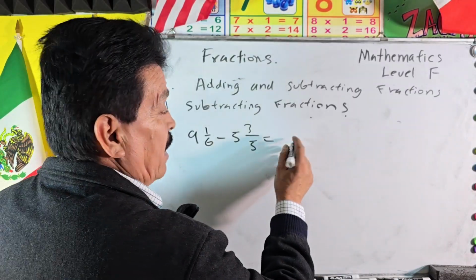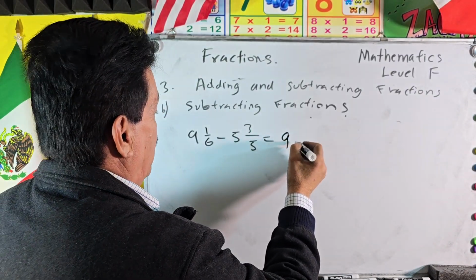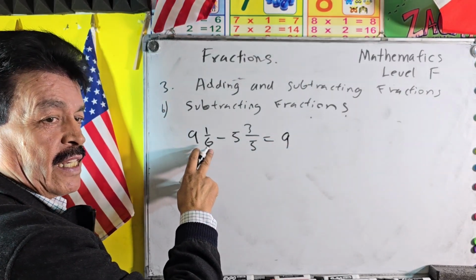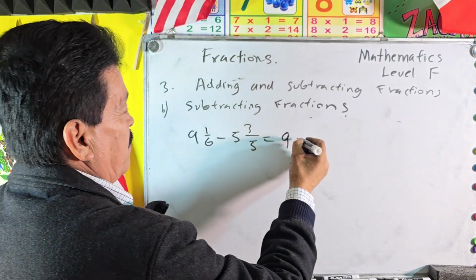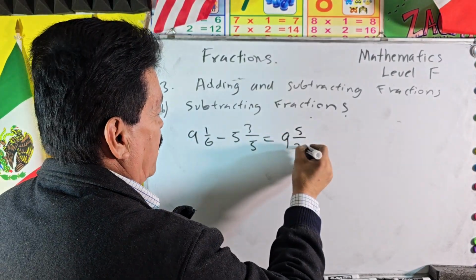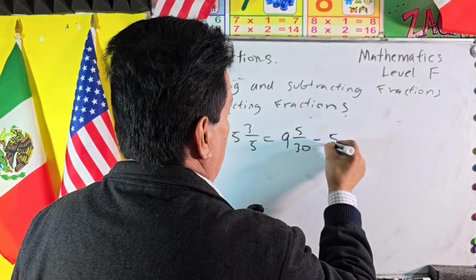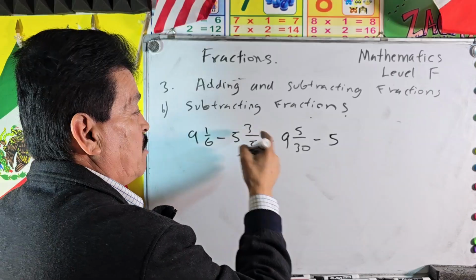So the minimum here is 30. So this means we have to write 9, and then which number times 6 is 30? 5. So 5 times 5 is 30, minus 5, and 6 times 3 is 18.